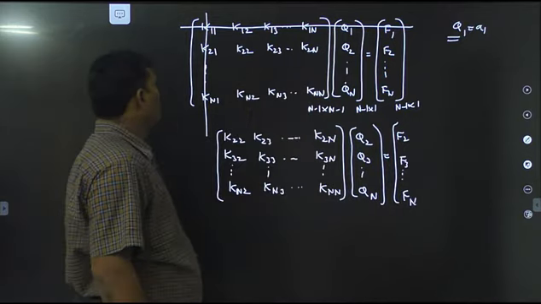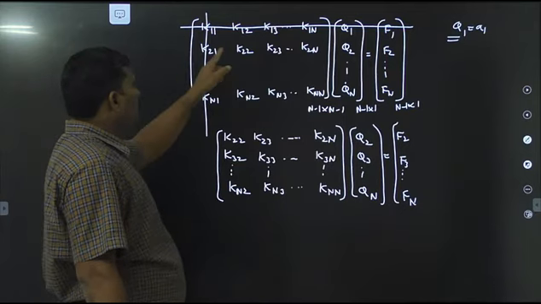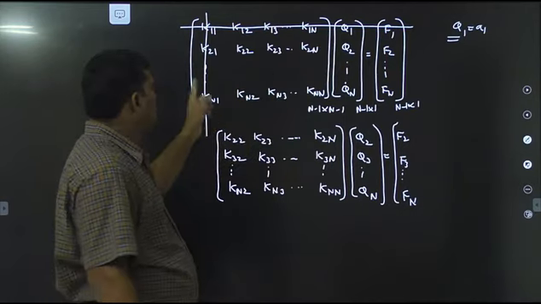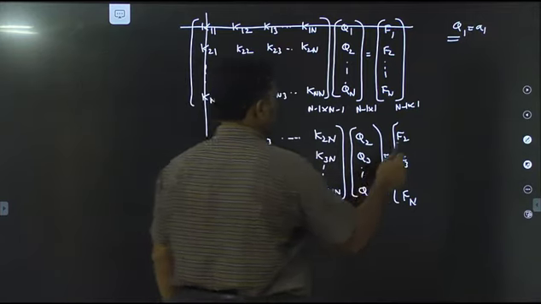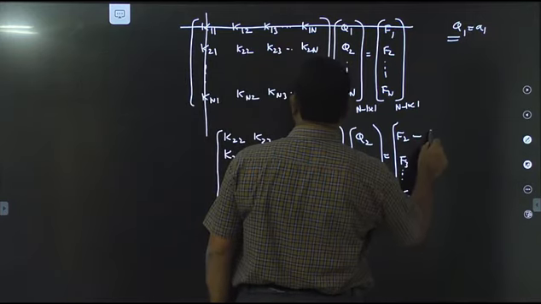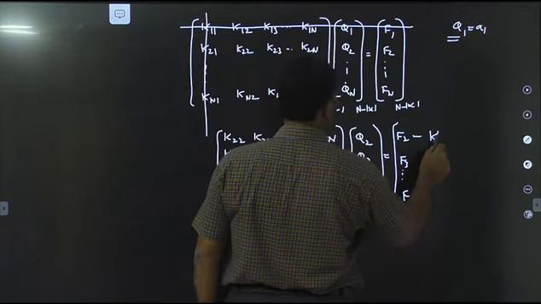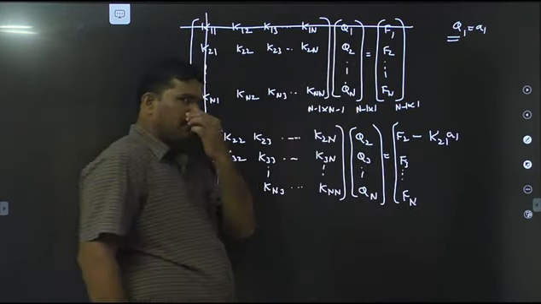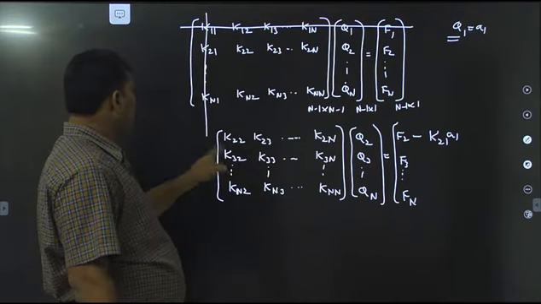Now, see here K21 into Q1, because Q1 equals A1, this you have to take to the other side, minus K21 into A1. Next, the second one.